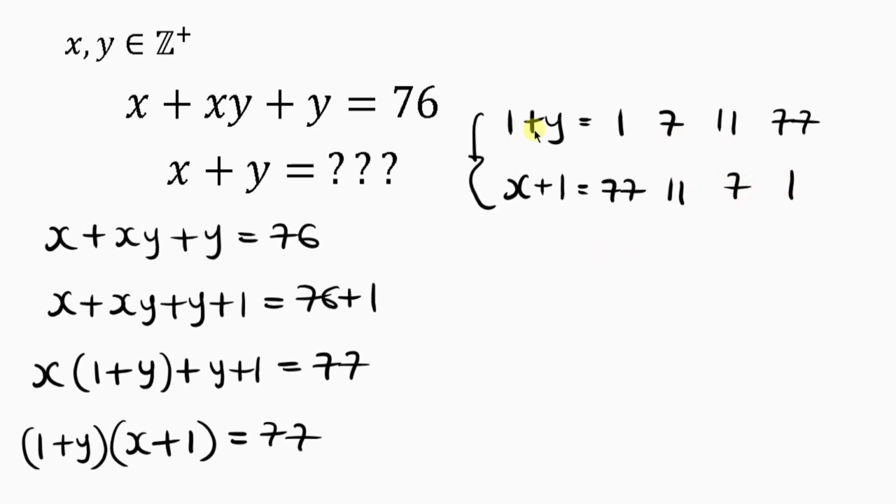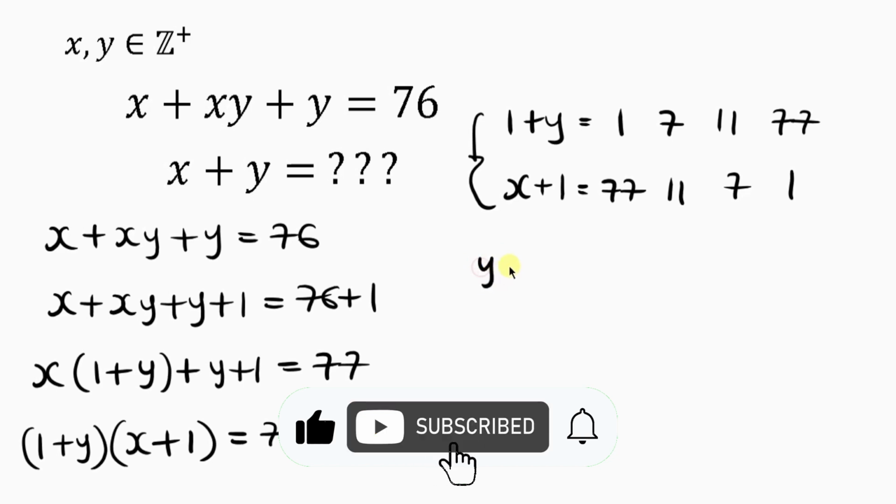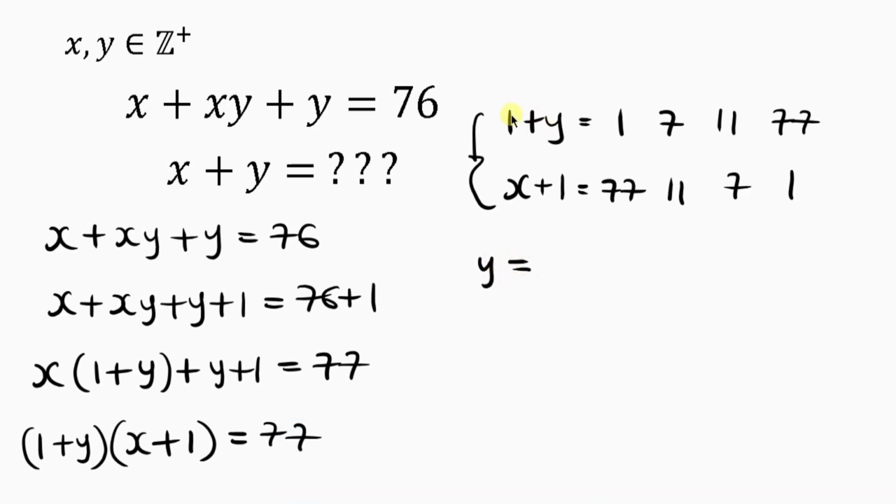Remember, when I multiply this factor and this factor, I was supposed to get 77. So when I multiply this and this, I'll get 77. Now let's get the value of y from here. Remember, I'm going to be moving 1 to the right-hand side. So this becomes 1 minus 1 is 0, 7 minus 1 is 6, 11 minus 1 is 10, 77 minus 1 is 76.